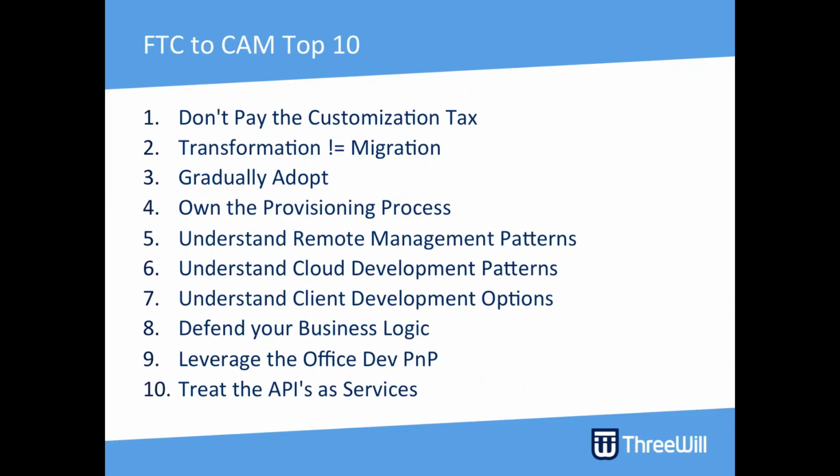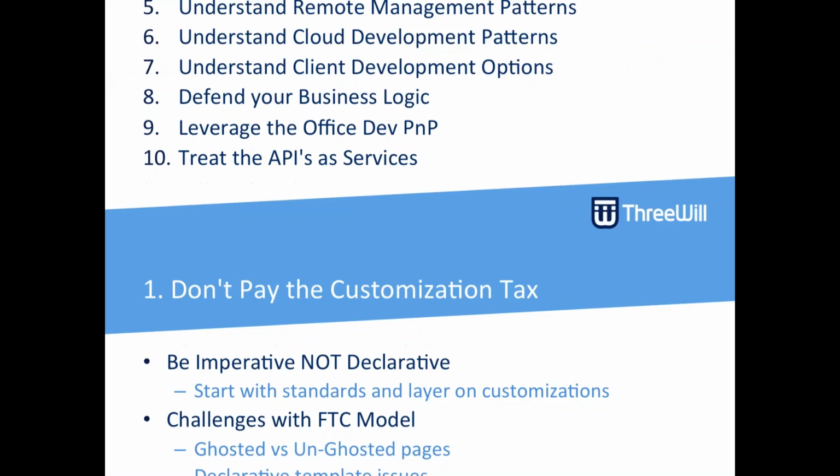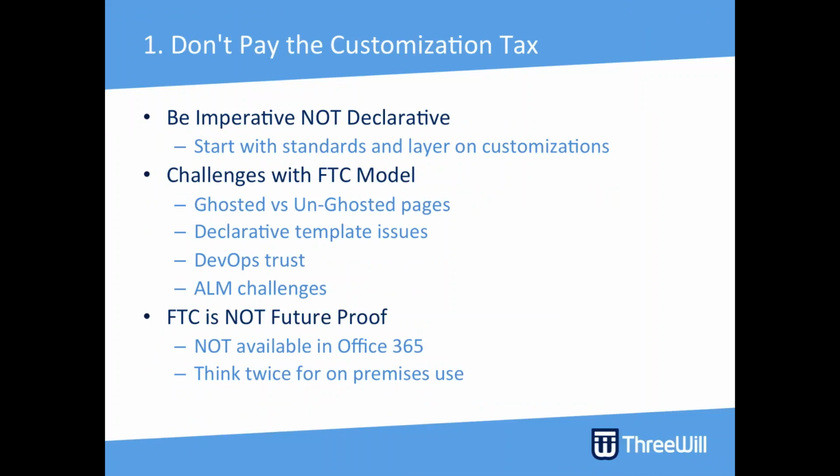We're going to run through these, and I'll start with: don't pay the customization tax. What I mean by that is, if you write declarative code, over time you'll pay a tax for customizing anything that was deployed with that declarative code or using the feature framework.